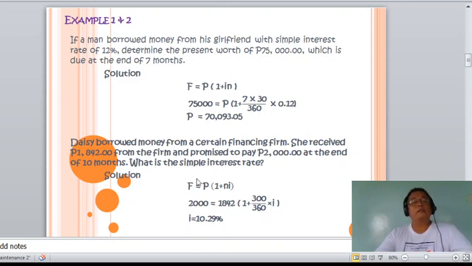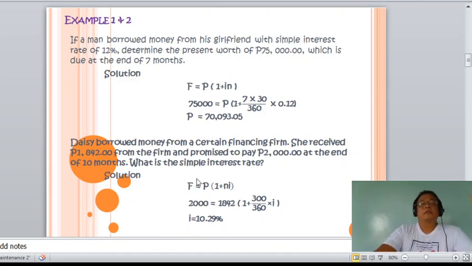So let us now consider the problem. The formula of the future amount is equal to P multiplied by 1 plus i multiplied by n. Substituting the values, the future amount is 75,000. The present amount is unknown.